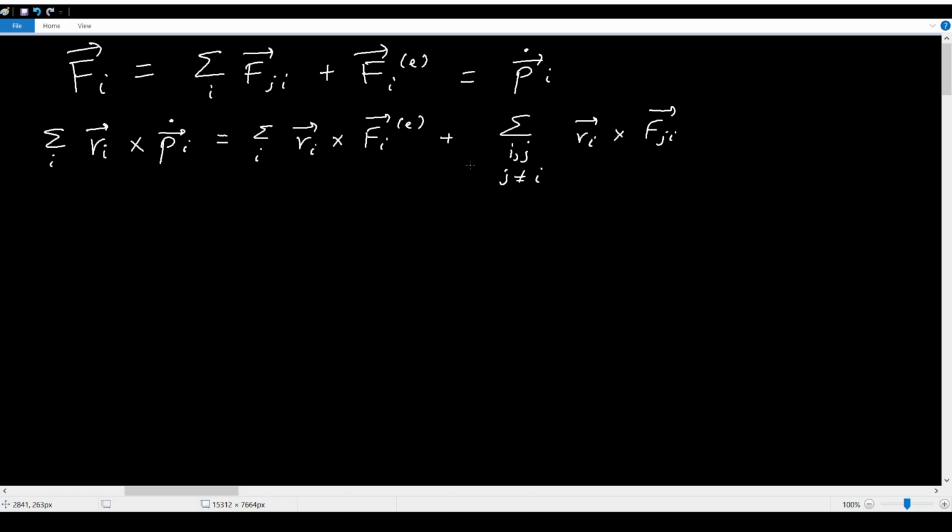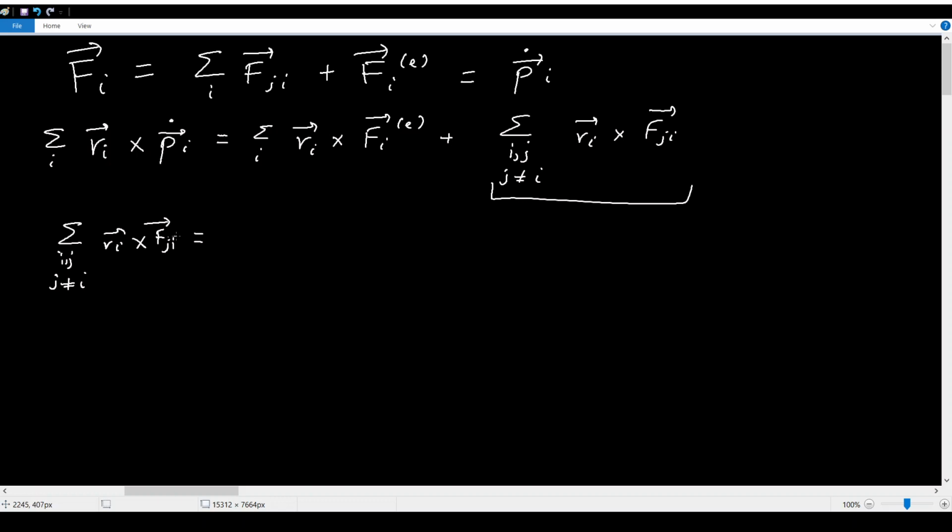Okay, so now let's look at this quantity first, the internal forces, the moment of the internal forces. So let us just write this here. j does not equal i, r_i cross F_ji, right?